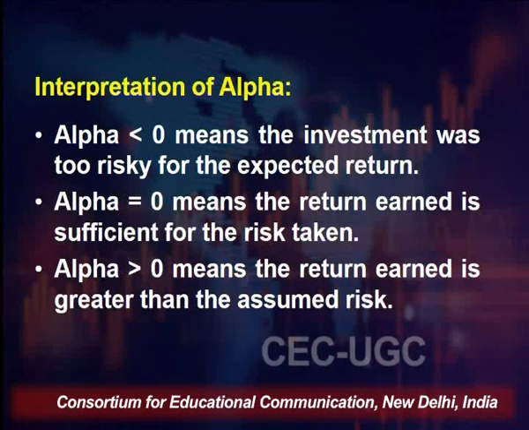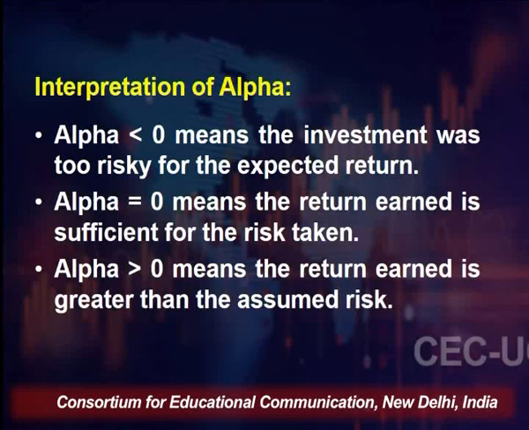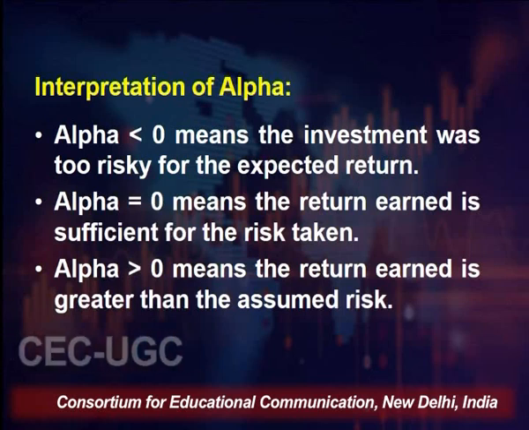If alpha is greater than 0, it is positive, and the return earned is greater than the assumed risk. So every portfolio manager and every individual wants to create an alpha which is greater than 0. If you get an alpha of 0, you are getting the market return for whatever risk you are taking.